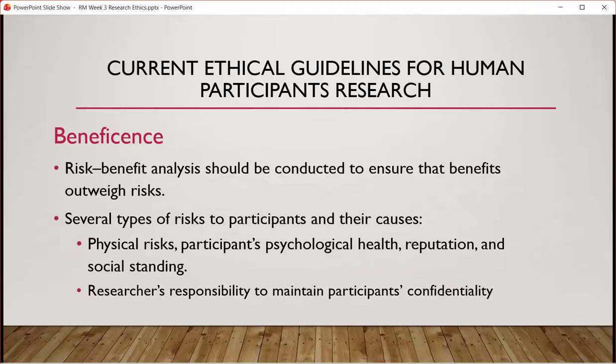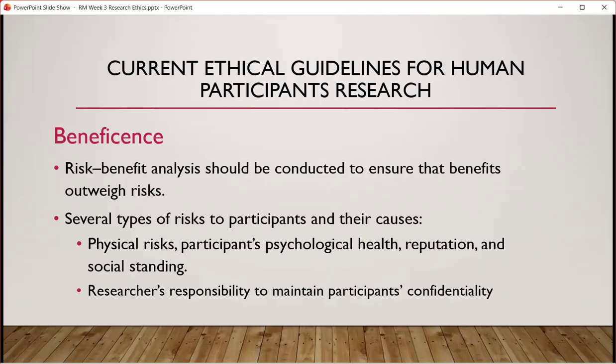Beneficence is the risk-benefit analysis that should be conducted to ensure that benefits outweigh risks. There are several types of risk to participants and their causes. Again, this is not fully comprehensive, but it is to help you start thinking. There's the physical risks, the psychological health risks, reputation, and social standing.